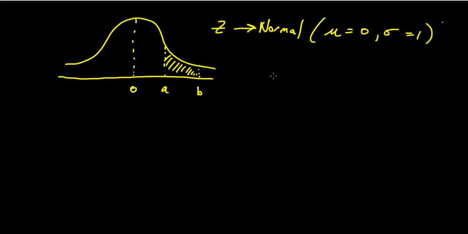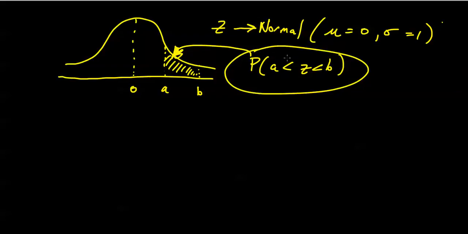That goes without saying by definition. If we want the probability that z is between some values a and b, we're looking for this shaded area, the area under the standard normal curve between a and b.